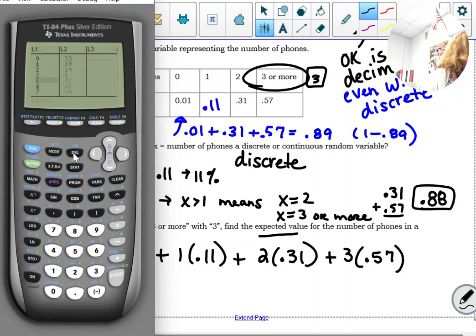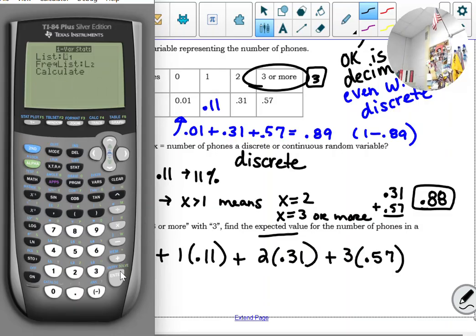Or, so quickly, if I want the calculator to do it for me, I can enter the 0.01, and then the 0.11, and the 0.31, and the 0.57. We'll delete all the rest of the data. So I have my L1 and my L2 organized. I go back to stat, over to calculate, one variable statistic. I need to make sure these are both there.